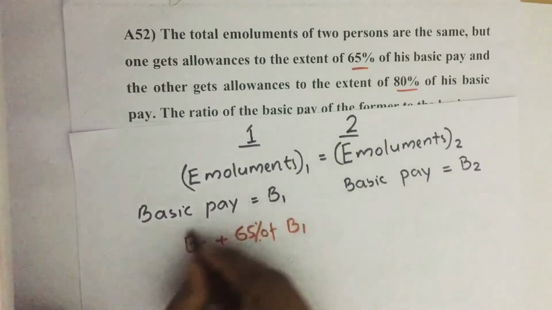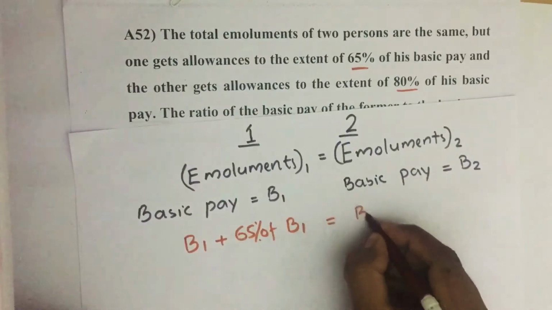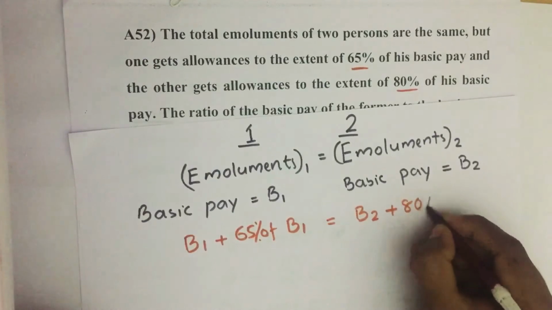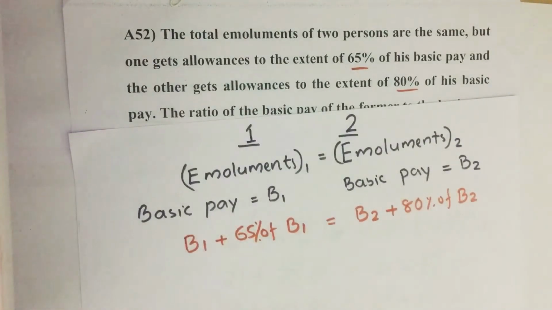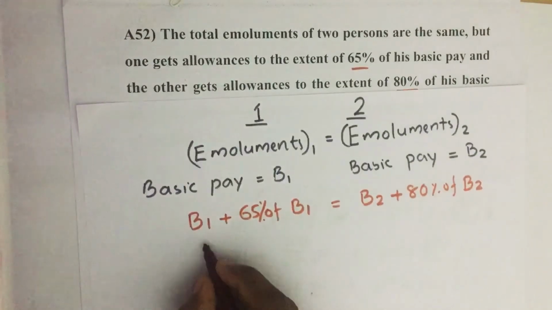This is the total emoluments of person 1, which is equal to basic pay of person 2 plus 80% of basic pay as allowances. This is the total emoluments of person 2. These are equal.